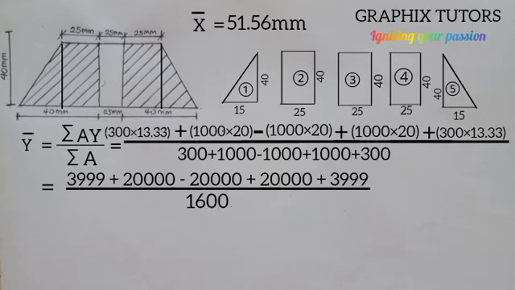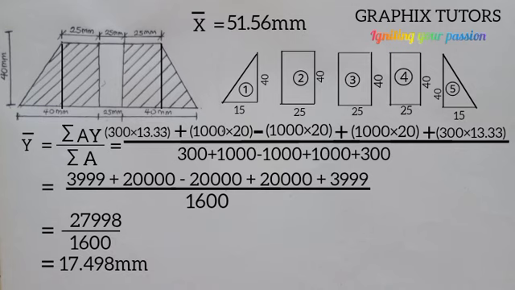Now if you do that, 3999 plus 20,000 minus 20,000 plus 20,000 plus 3999 will give us 27,998, all divided by 1600. I will be having 17.498 millimeter as the center of gravity along y-axis.